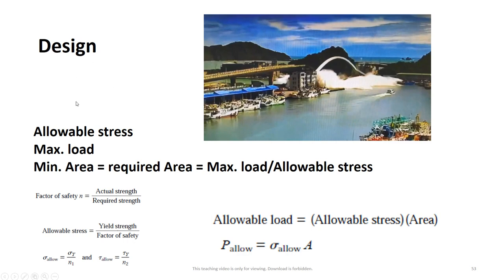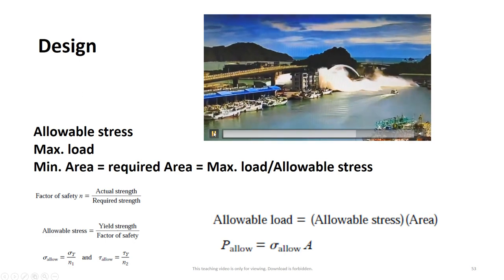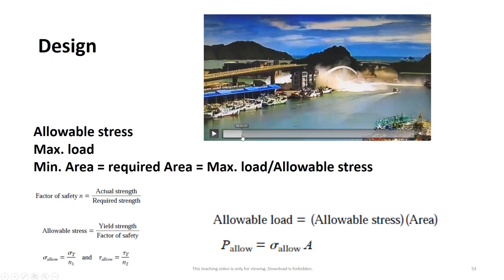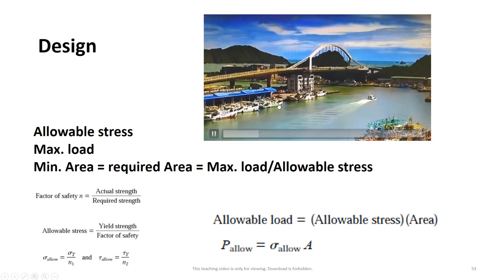So in this case, we have 3 important items. One is allowable stress, maximum load, and a minimum area. That means we can look again. When the car comes here, no problem.